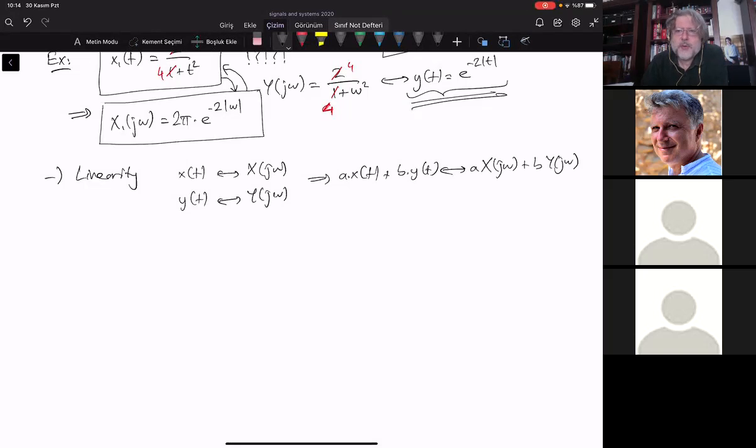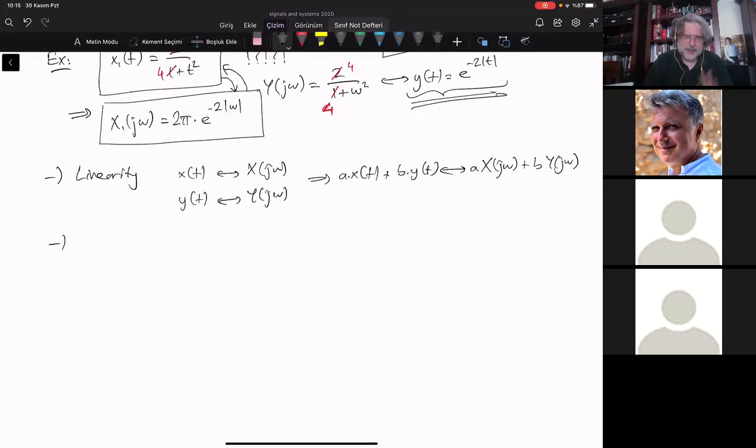So if you combine 2 time signals, their Fourier transforms are combined. Previously, we had this kind of a property for the Fourier series too, but there was a condition that the 2 signals should have the same period. Now we don't have that kind of thing. It can be just 2 very arbitrary signals with Fourier transforms, and when you combine them, their Fourier transforms are combined. As simple as that.